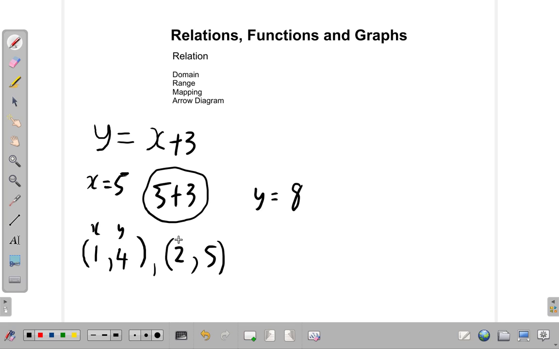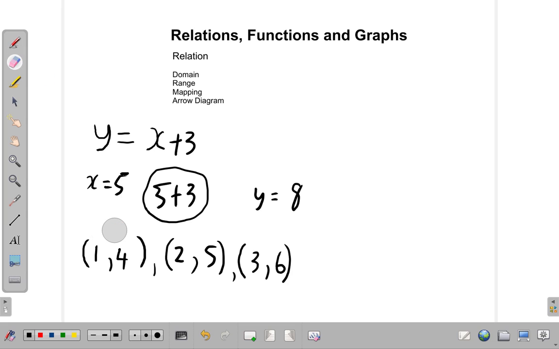Remember, the first number, going from left to right, is our x and the second number is our y. We have a 3. As we add 3 to 3, we get 6. You see that? 3 plus 3 is equal to 6, just like 2 plus 3 is equal to 5.